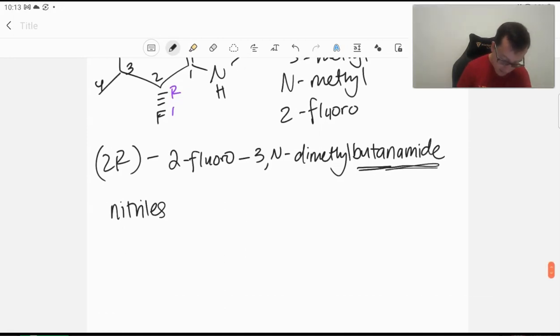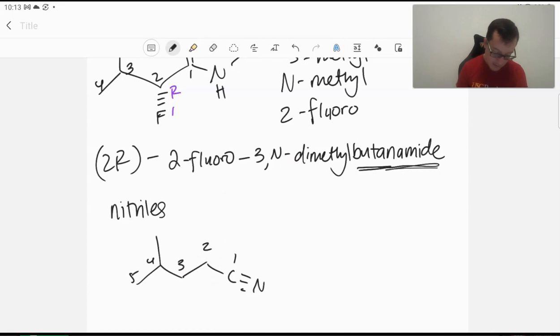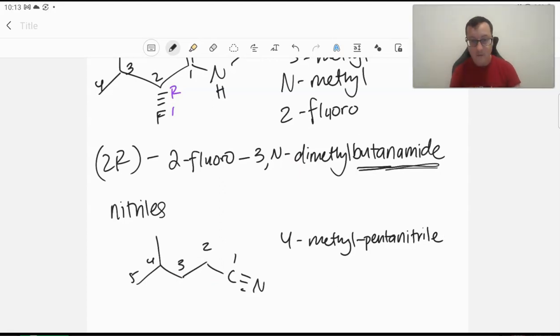Just cyano or nitrile. So, 1, 2, 3, 4, 5, 4 methyl. Nitrile. Very exciting.